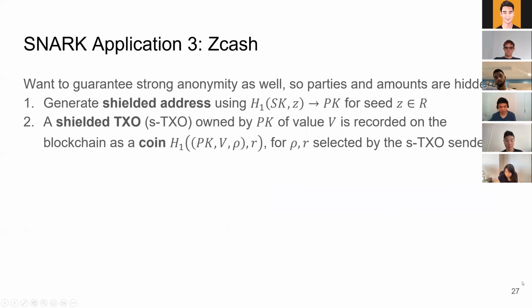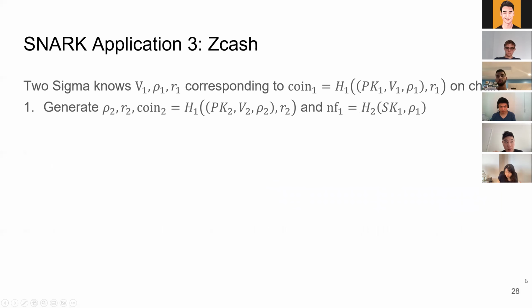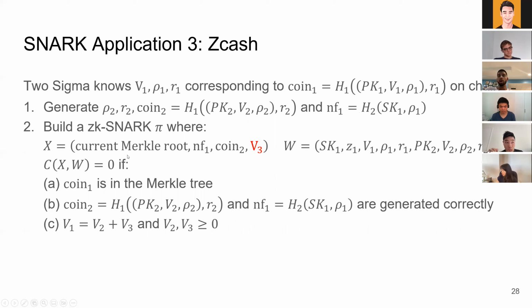And so in this case, we had to generate a more sophisticated zero-knowledge SNARK so that in particular, we are able to guarantee that there is a valid generation of what's called a coin, being some hash of private information from the sender and some randomness and the value that the sender wants to send. And the coins are nullified by nullifiers, which are other hashes of the private information of, in this case, the recipient, I think, and other randomness.